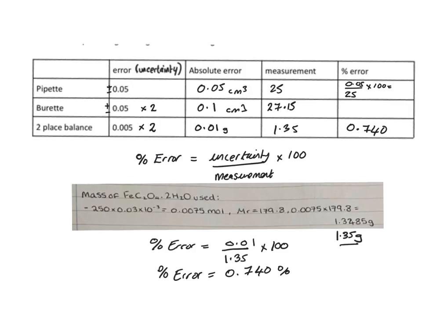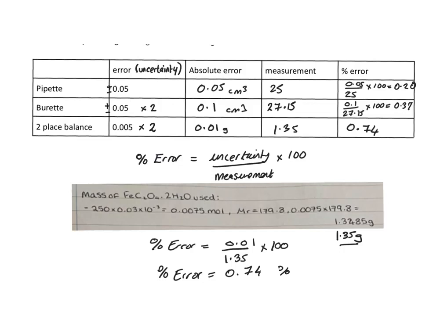For the burette, the percentage error was 0.1, divided by the measurement, which is 27.15, times by 100. So rounding those up to 2 decimal places, the pipette gave an error of 0.2%, the burette was slightly higher with 0.37%, and the 2-place balance was 0.74.